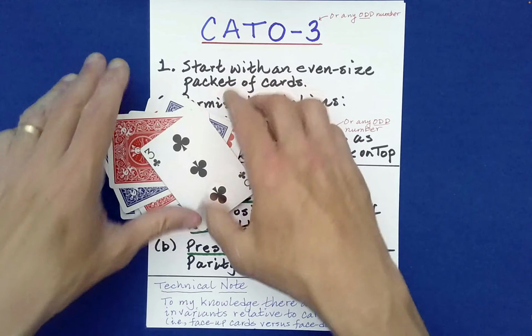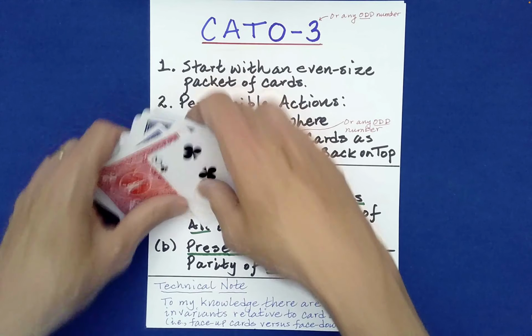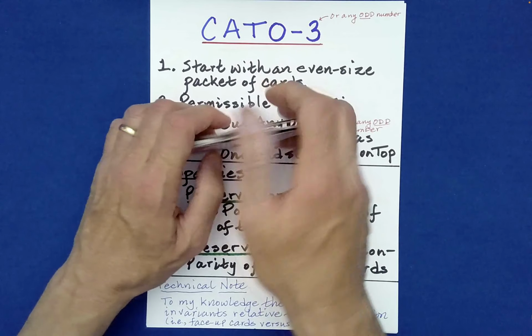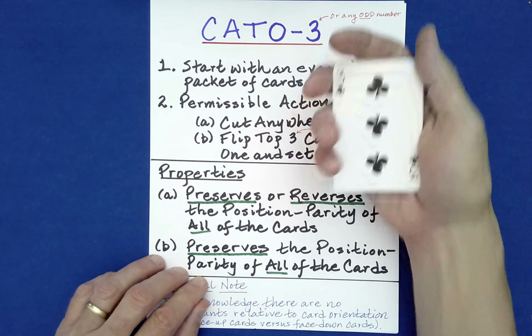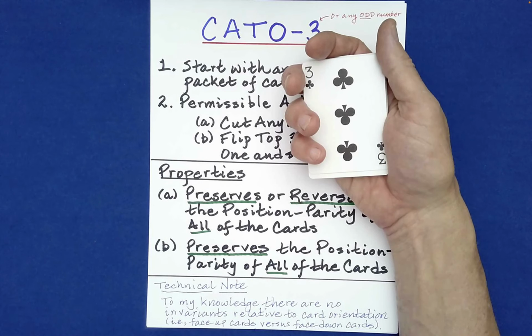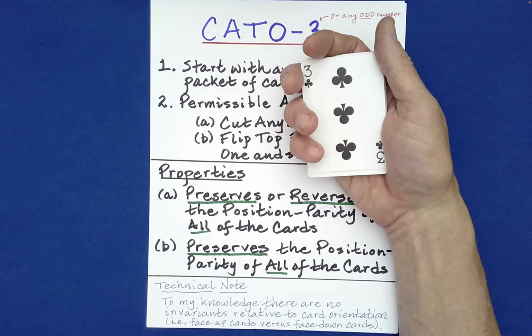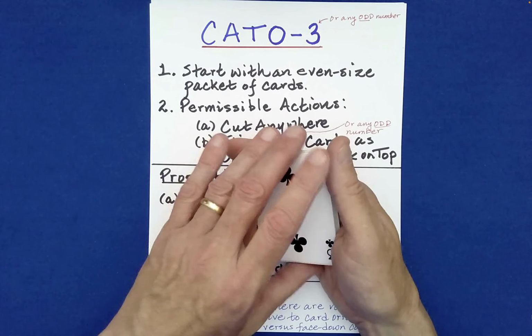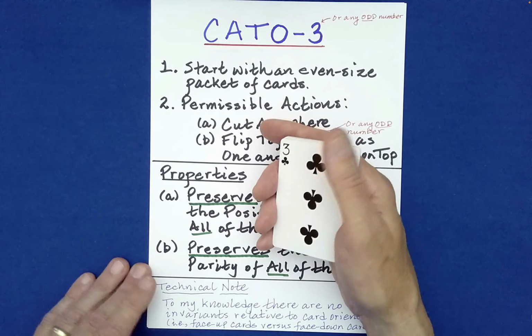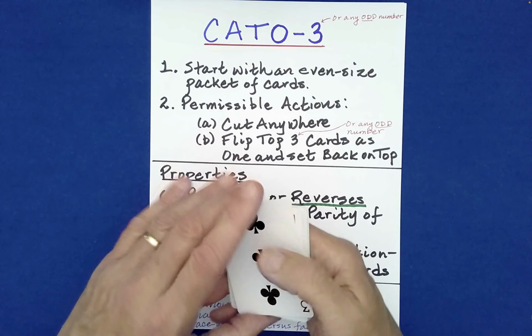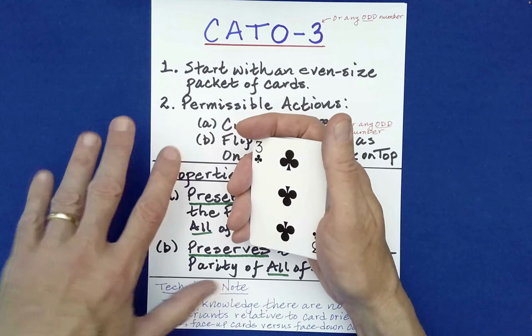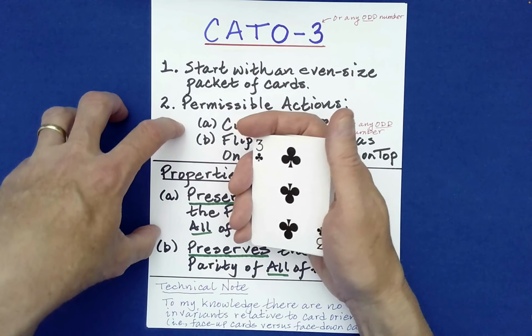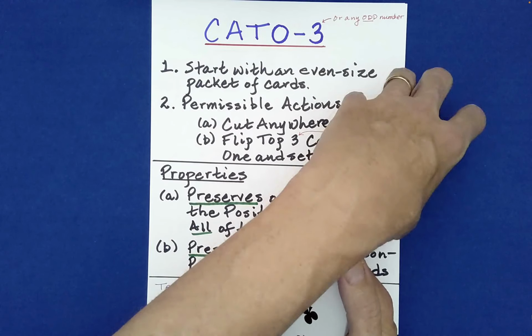Okay, so now since this action of cutting either preserves or reverses the position parity of all of the cards, and this flipping over of an odd number of cards preserves the position parity, what that means then is you can separate these into the original even position cards and the original odd position cards.